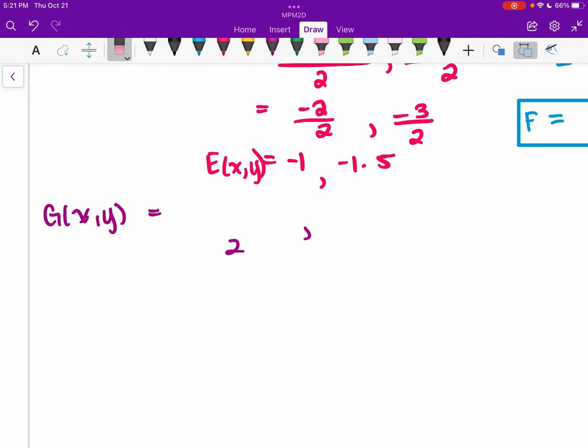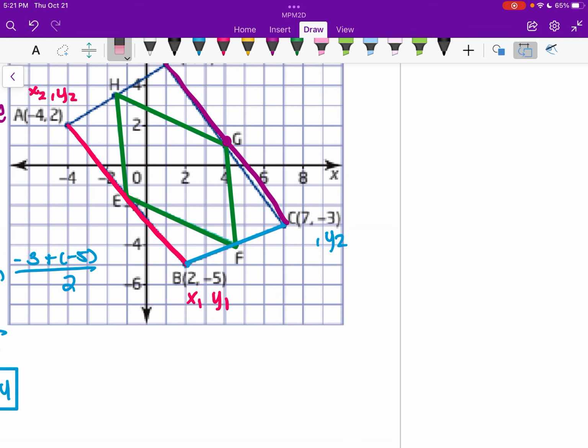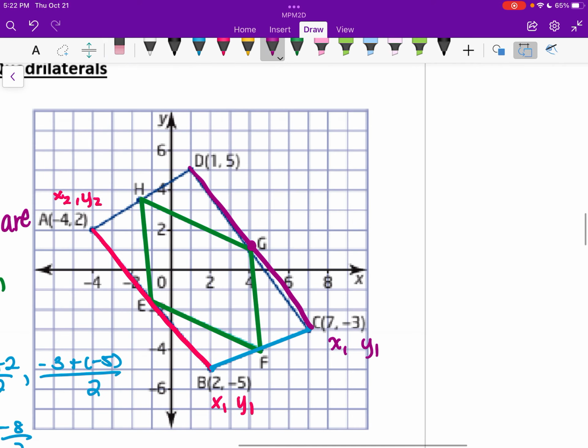I'm not going to write out the entire formula, but you get the idea. And so for G, let's label our C, and we'll change this to x1, y1 now, and we'll change this to x2, y2.